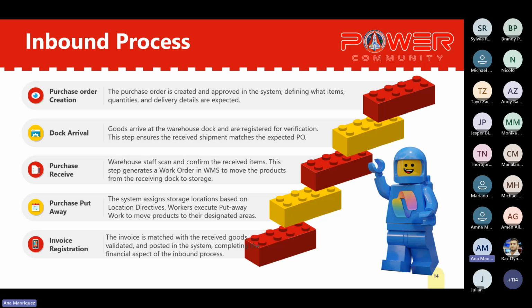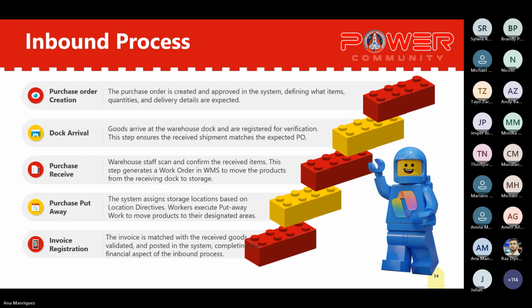When everything is okay in inbound staging, you maybe put a new label or prepare the inventory to move it to the final position. This movement is called put away, location directed, either to bulk storage, the piece area, or a fixed location in the warehouse. And finally, the invoice registration.